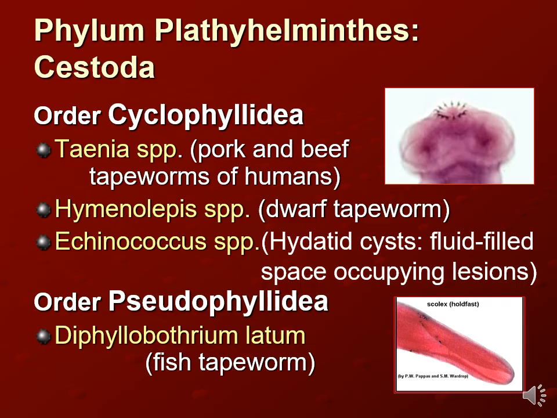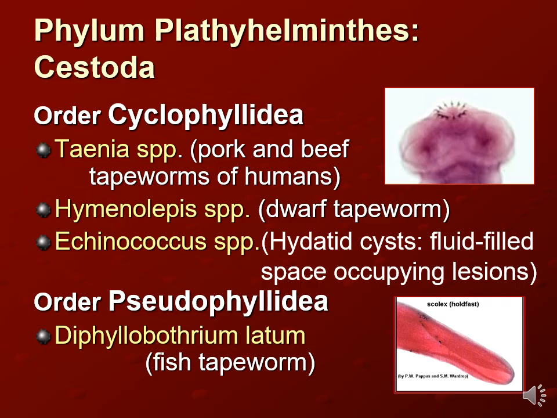Okay. Now, those tapeworms belong to different families or groups, let's say. We have the order Cyclophyllidea, and under Cyclophyllidea we have the Taenia species, and this includes the pork and beef tapeworms of humans. Hymenolepis species is another tapeworm that is called the dwarf tapeworm, and it's less important.